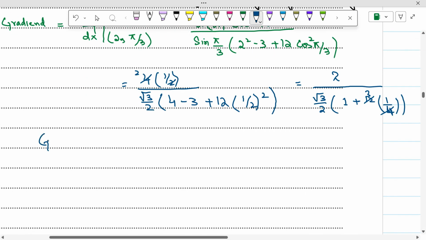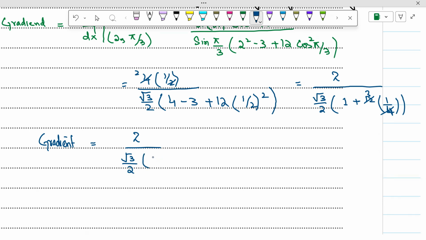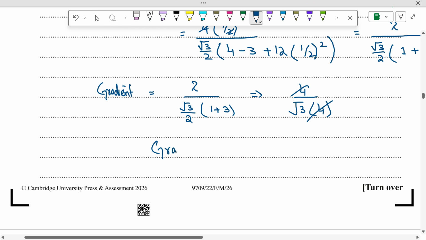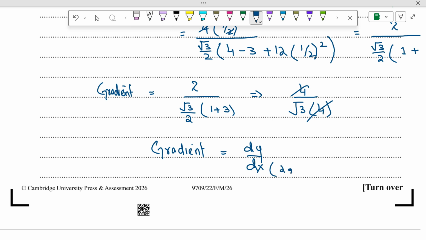So gradient is equal to 2 over √3/2 times (1 + 3), and this is equal to 4 over √3 times 4. So the 4 will cancel out and we will have the gradient, which is the derivative at the point (2, π/3), equal to 1/√3, which was required.